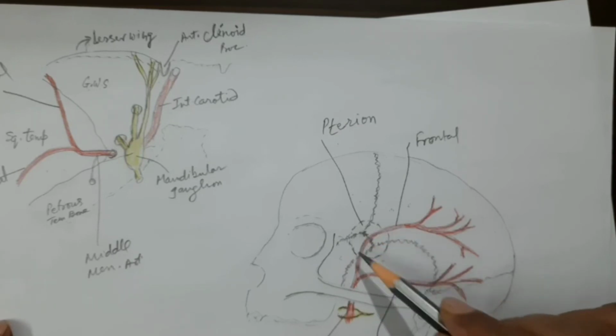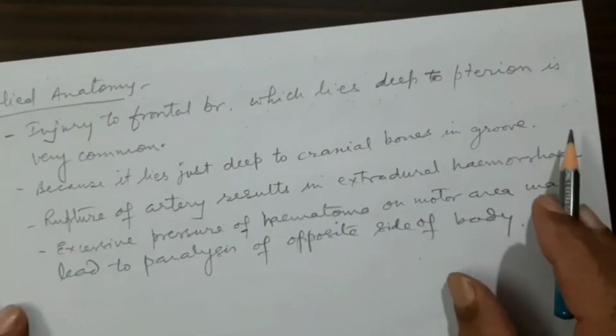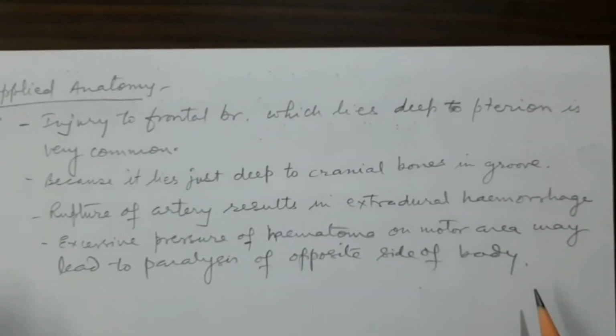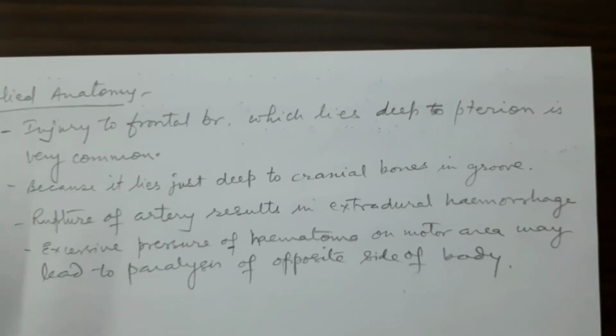This is called an extradural hematoma, a collection of blood which will clot, outside the meningeal layer of the dura mater. So this is called an extradural hemorrhage.